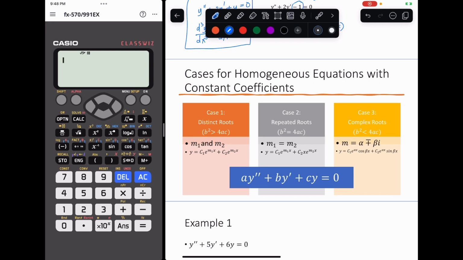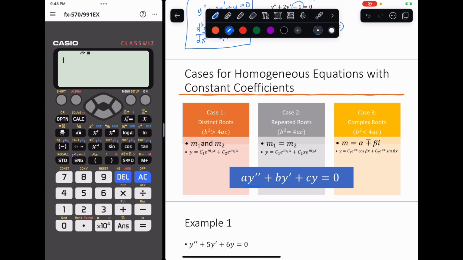Given that we have this format, a y double prime plus b y prime plus c y equals 0, which is a second order homogeneous equation, we can classify whether it is case 1, case 2, or case 3 by taking the relation between b squared and 4ac.